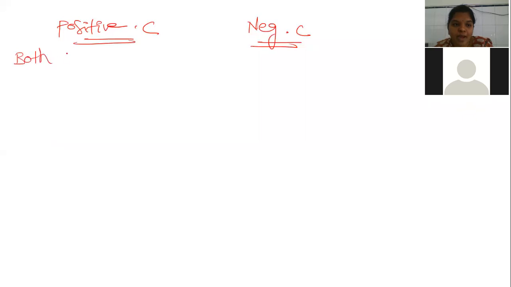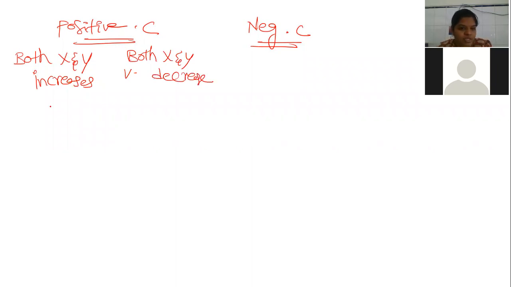In the case of positive correlation, how will the result be? Both x and y variables increase, or both x and y variables decrease. Note down under x and y, in the same pattern that I am writing. The x variable's first value is 55, then 62, then 67, then 72, then 77.